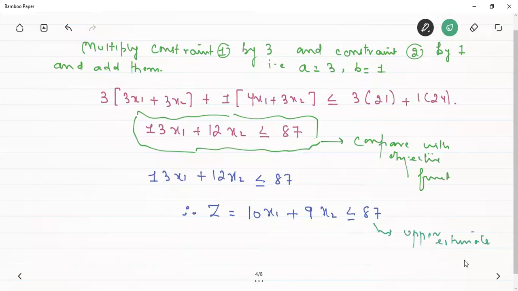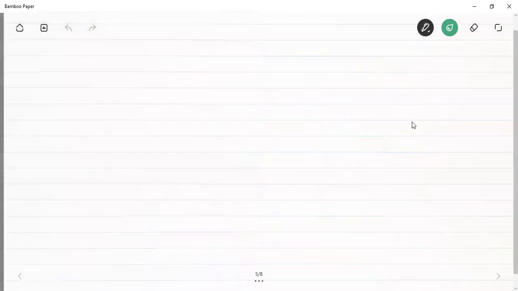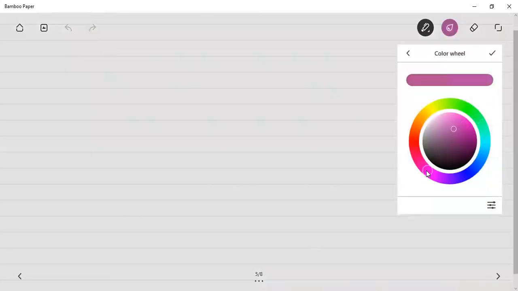So now I can generalize this. What we can do to our constraints is, the first constraint was 3x1 plus 3x2. The second constraint was 4x1 plus 3x2, and I can multiply the first by any constant a, and multiply the second by any constant b. Okay.